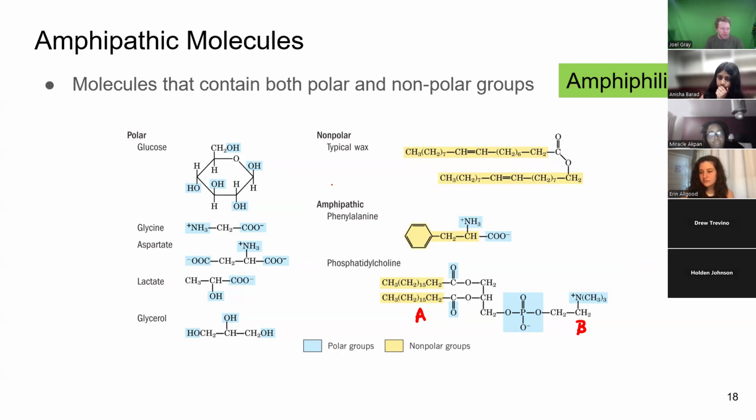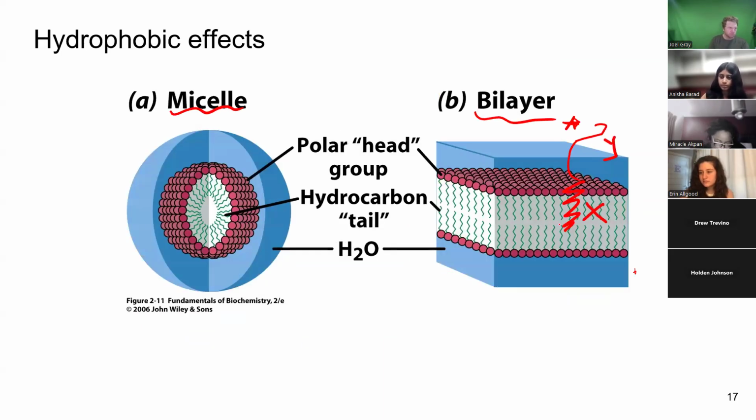Essentially, this portion of the molecule, I'm going to erase the X and put an A here, will be embedded, inserted, and anchored into this membrane. That's important because when a molecule like phosphatidylcholine gets anchored into a membrane, that's a way for cells to communicate.